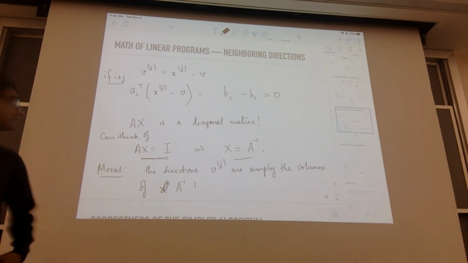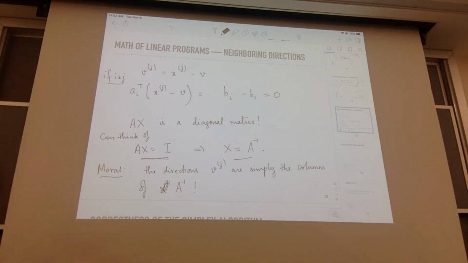All right. So this gives us the means to argue about what we want to achieve. We wanted to prove that a local optimum is the global optimum in this case. At least now we know how to characterize the neighbors, and they have a clean characterization.